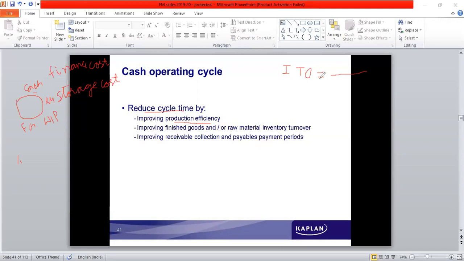So for every turnover ratio, the second part of the ratio, the turnover part of it, goes to the numerator, and the first part of it goes to the denominator. That is how we have to remember.